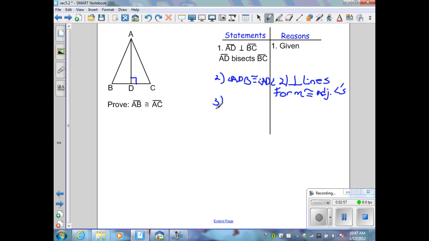Step 3, I'm given that AD bisects BC. Therefore, I know that point D is the midpoint of BC, and I can state that BD is congruent to DC. And that could be because of the definition of segment bisector.